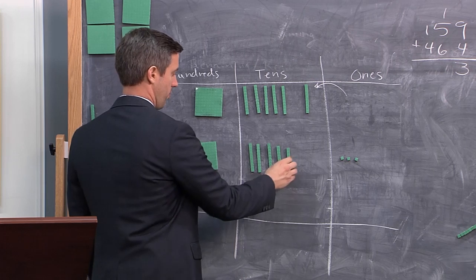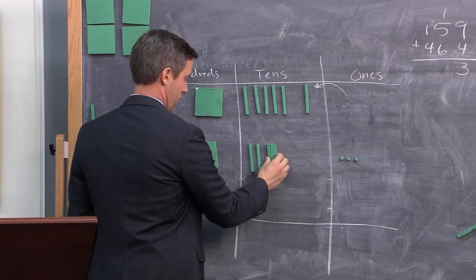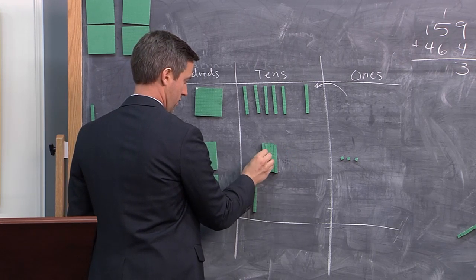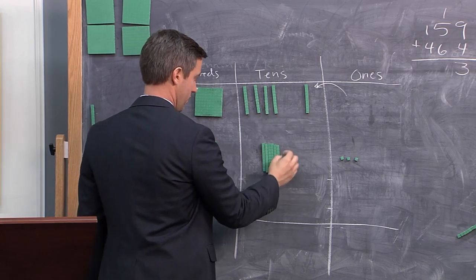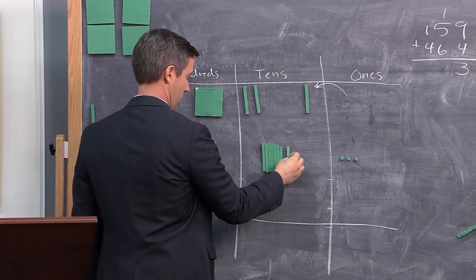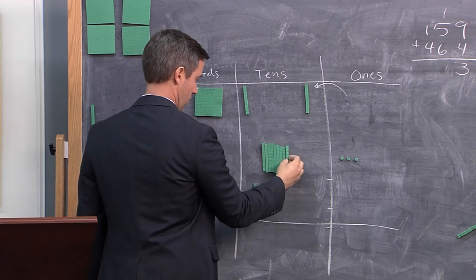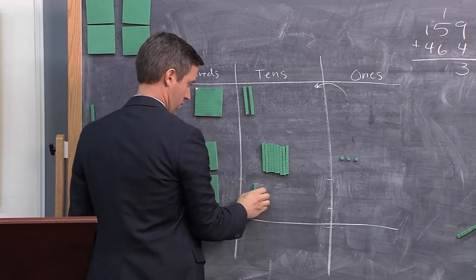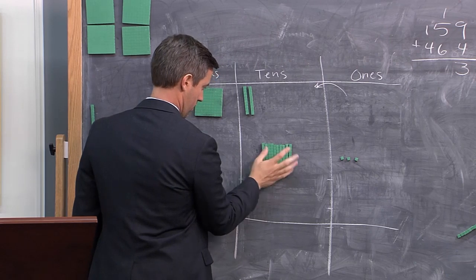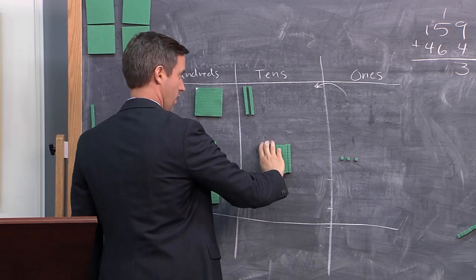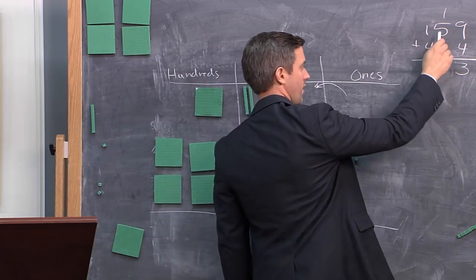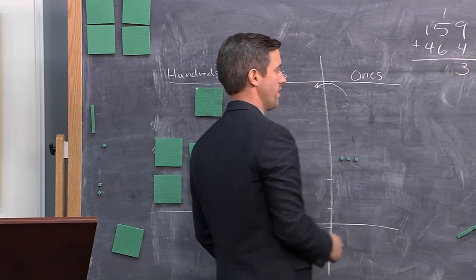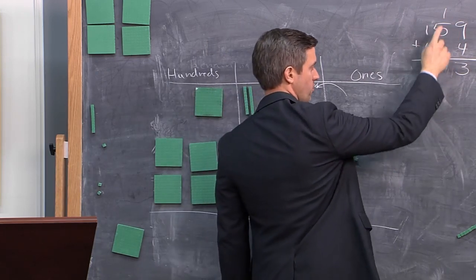So I'm going to group my tens into a group of 10 tens. Because I realize that 5 plus 6 plus 1 is more than I can put here. It's going to be 12.